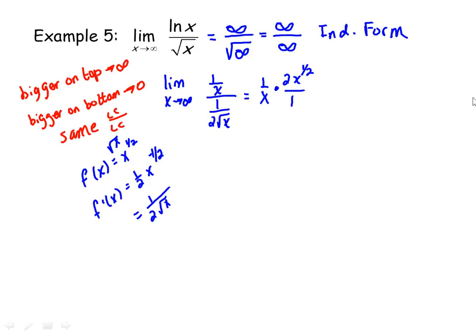Over 1. The negative 1/2 pushes it to the bottom.